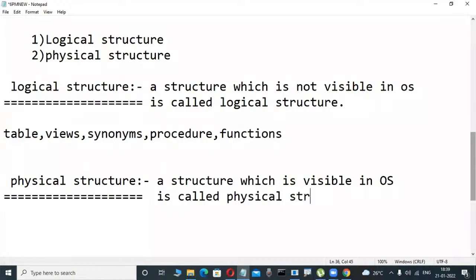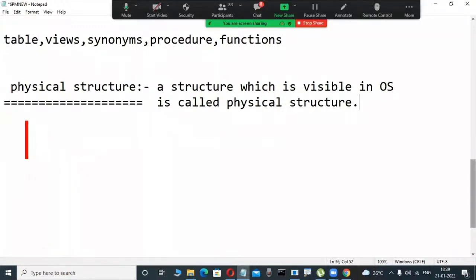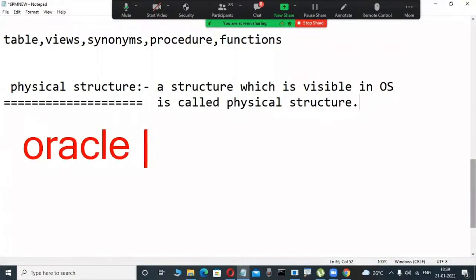Who are the persons working in this physical structure? It's a big concept. I'm telling the definition side only, so that you know which definition is correct. A structure which is visible in the operating system is called a physical structure. Suppose I am installing software, some physical files are created on a disk. Suppose PowerPoint, MS Access, Word, anything we are loading, physical files are created. Same way, Oracle is a relational database software, like MySQL and SQL Server.